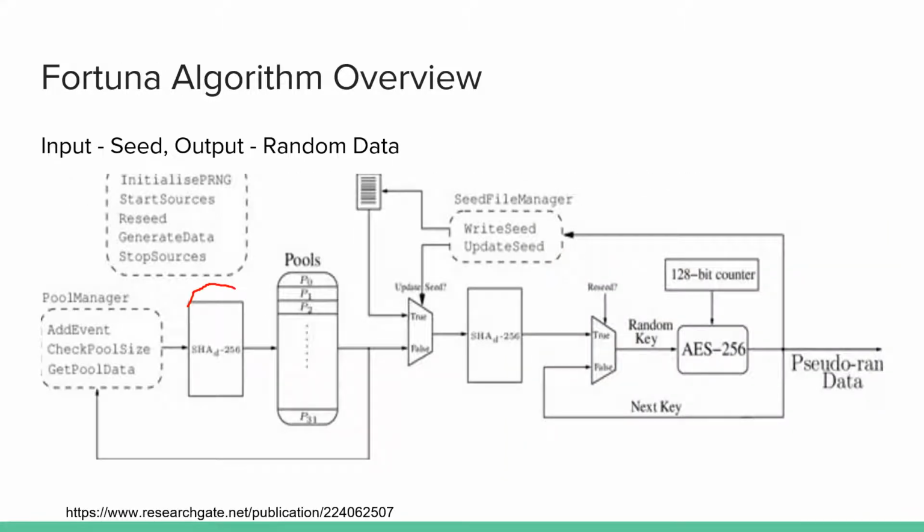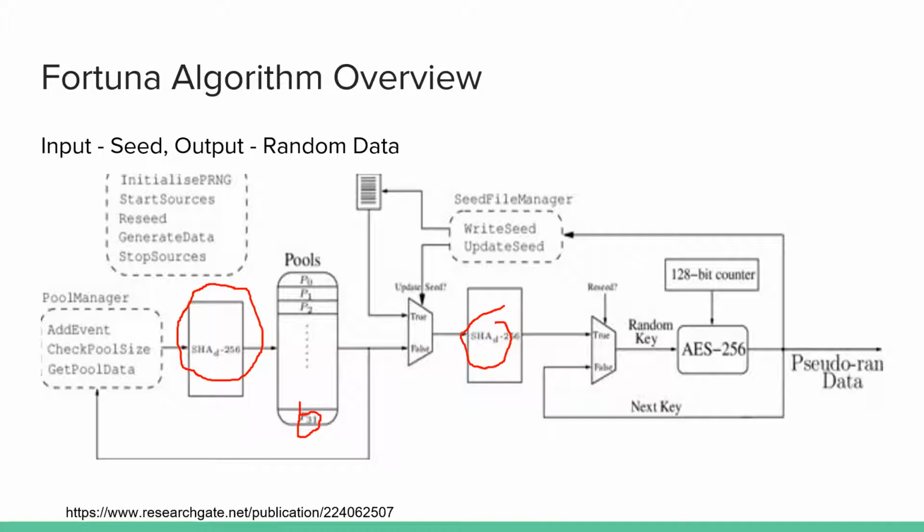The compression function uses the SHA-256 hash function, and this helps to cope with the storage problem, thereby maintaining a constant pool size of 32. Here, reseeding is performed by hashing the specified entropy pools together, and they use 2 iterations of SHA-256.